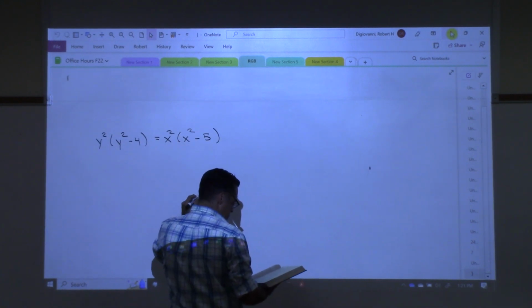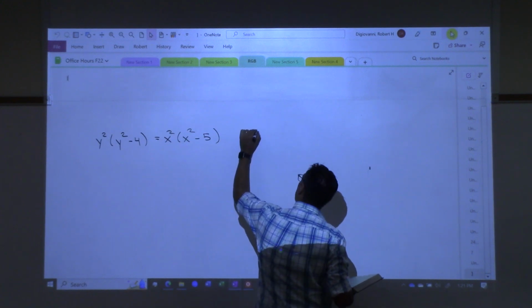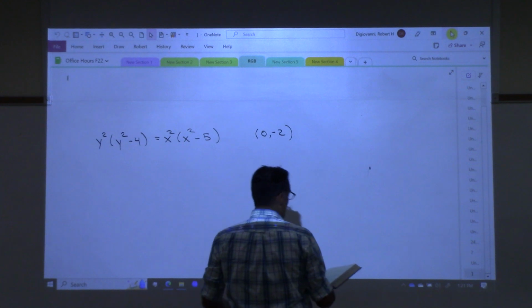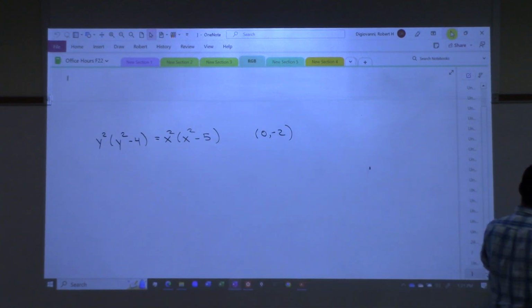And then they give you a point, 0, -2. And they even give you a drawing of what this looks like if you were to graph it on a computer. It looks kind of like a figure 8, and this side goes like this, and this side is symmetric, goes like that, something like that.